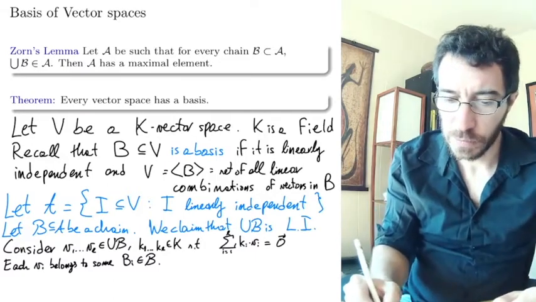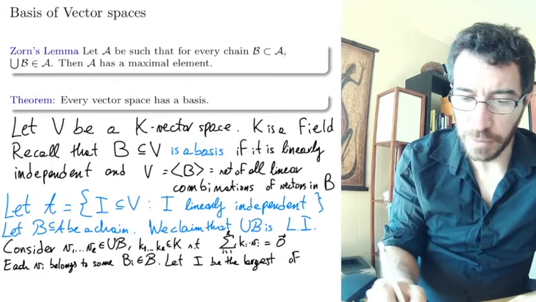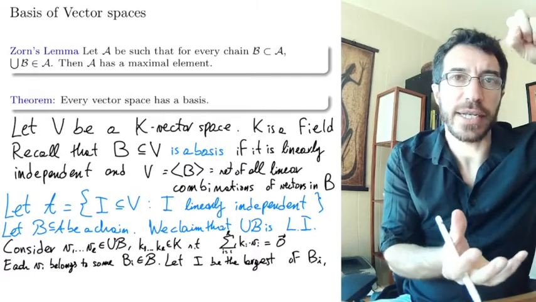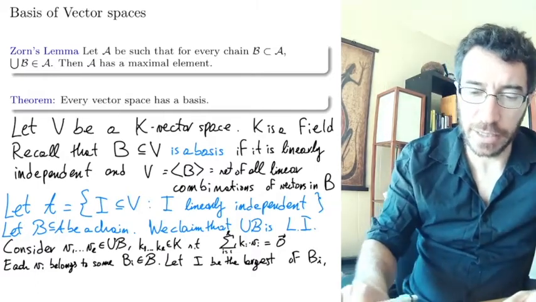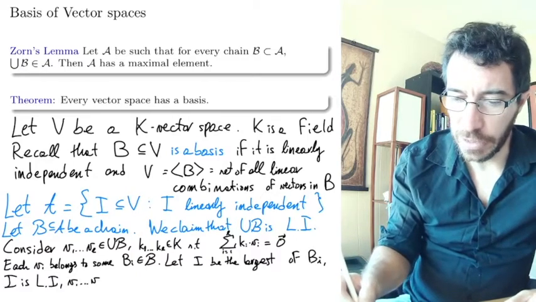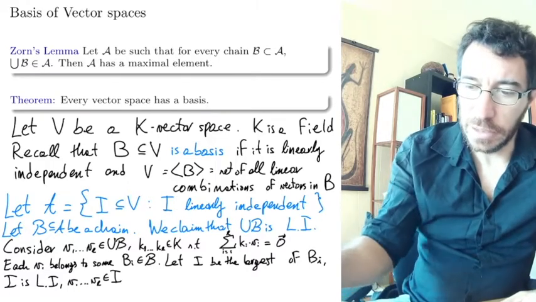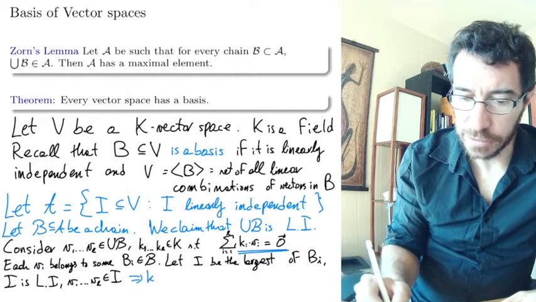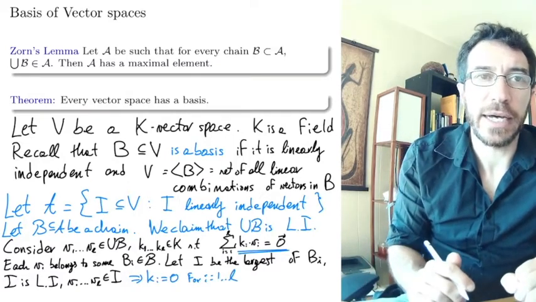So let B' be the largest of the Bi's for i between 1 and l, right? So they are all nested. That one belongs to the chain, and it is linearly independent, and v1, ..., vl all belong to it. So that means that all the ki's have to be zero because they belong to this linearly independent set.